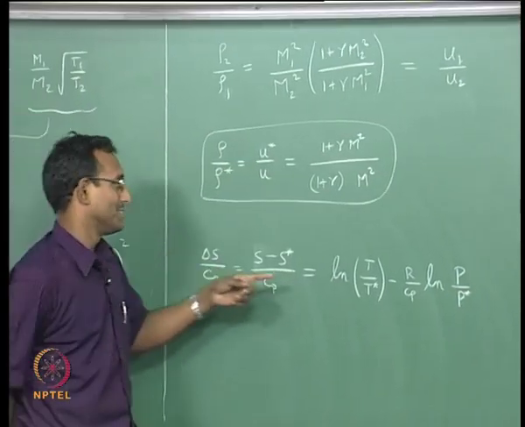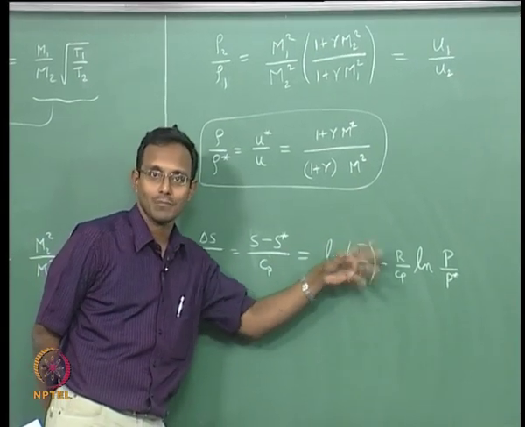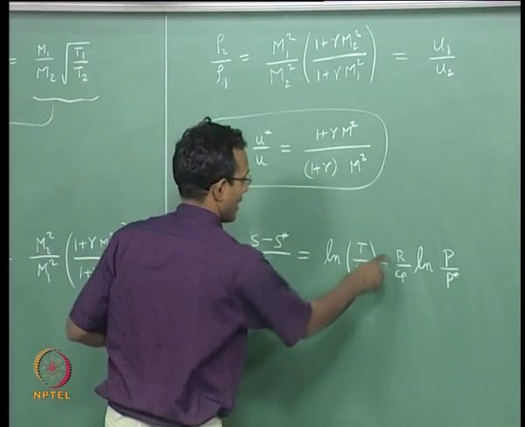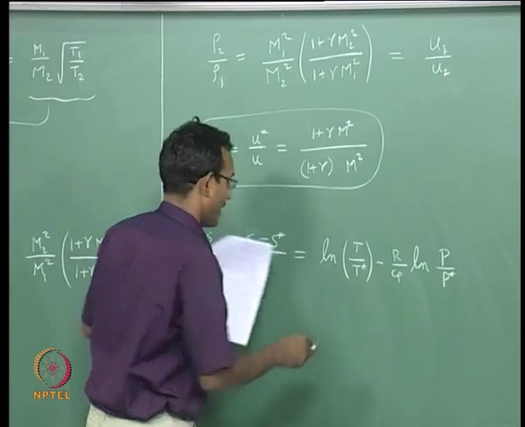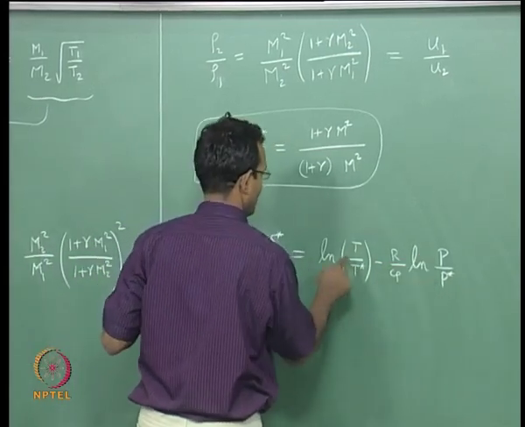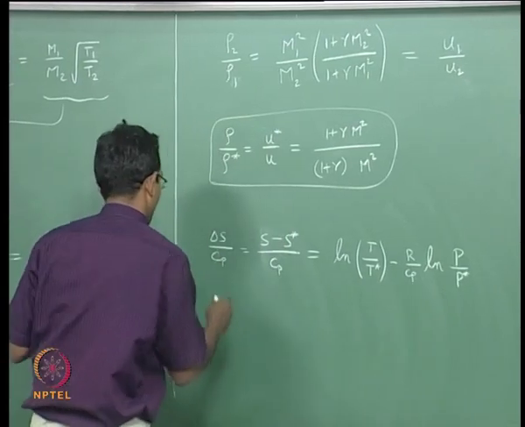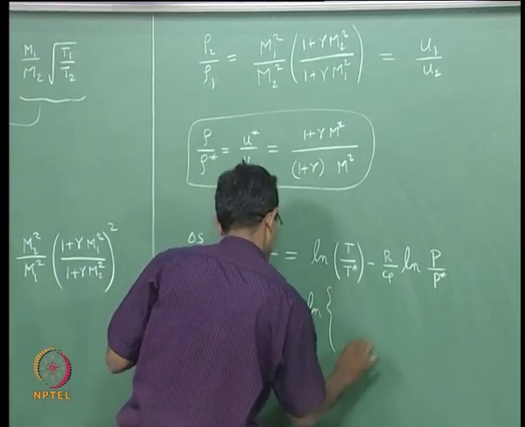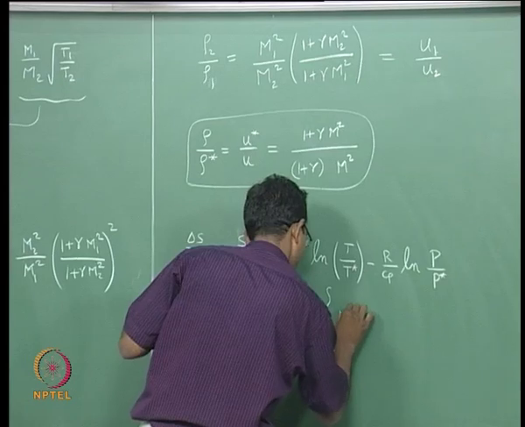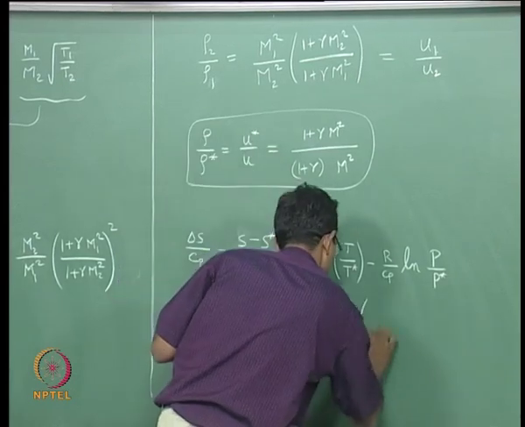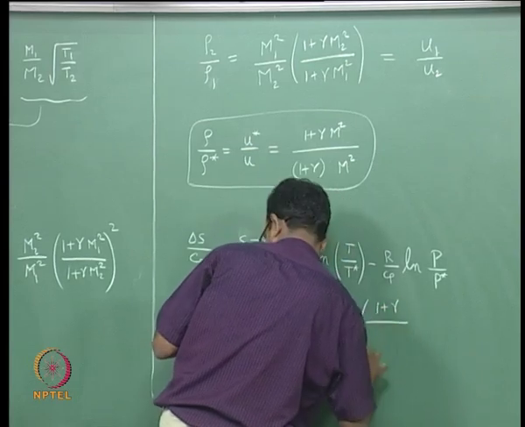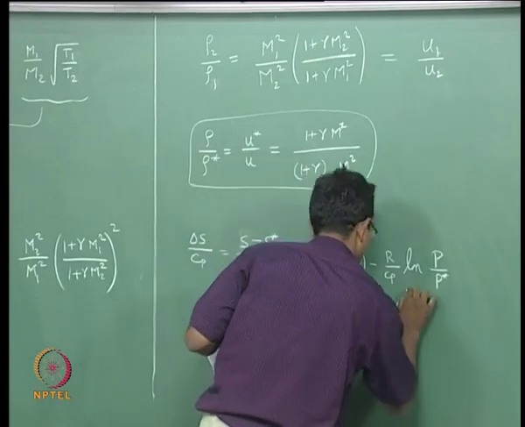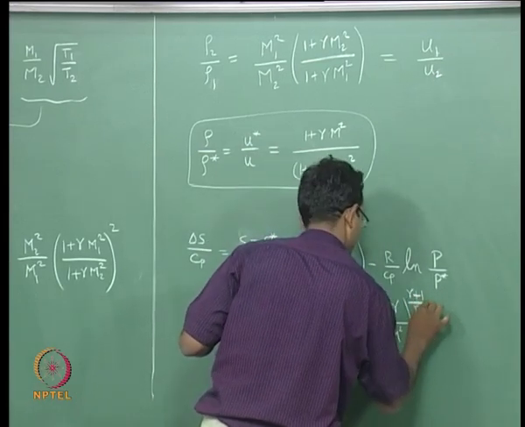This is just coming from delta S is equal to Cp log T2 by T1 minus R log P2 by P1. Okay, that is how you get to it. I just divided by Cp. Of course, R by Cp you can write as gamma minus 1 by gamma, and you can substitute for P by P star and T by T star in terms of Mach number, and you will get to a final relation: log of M square times 1 plus gamma divided by 1 plus gamma M square to the power gamma plus 1 by gamma.